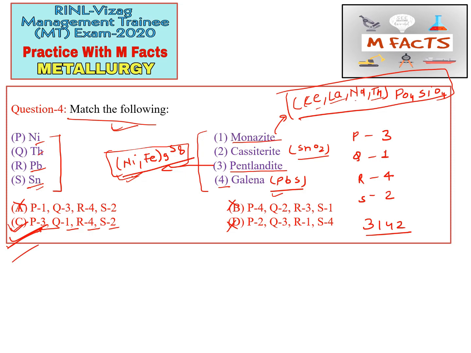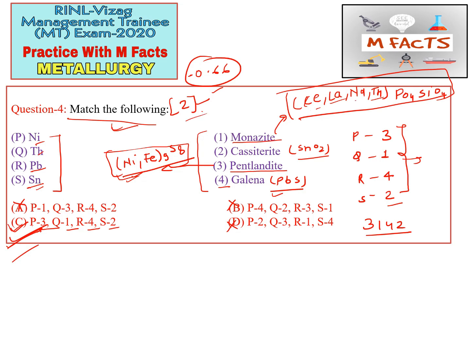That's why I am telling you to generate your own code. By generating your own code, you will match the options. You will never make silly mistakes in matching type questions, and these are very easy questions, and every time this will give 2 marks, and if you do it wrong every time it will give minus 0.66 points. So this is a very easy question, but this is something where we have to be careful.